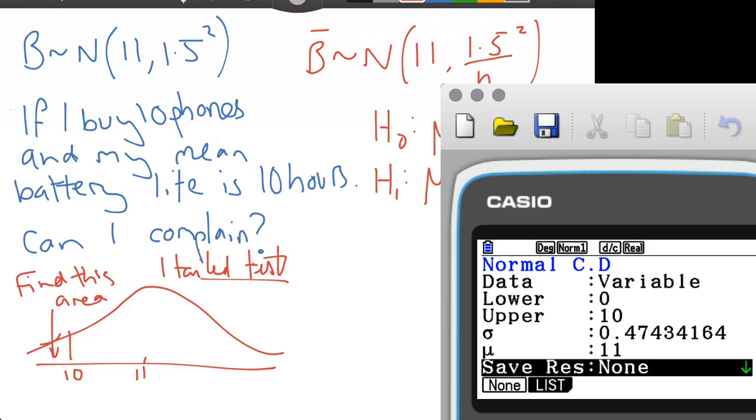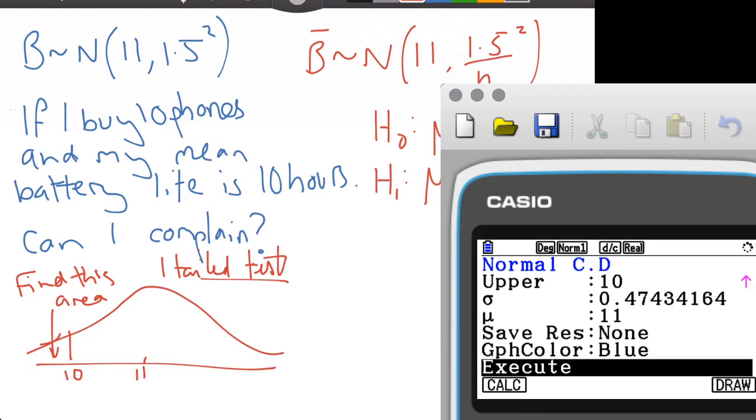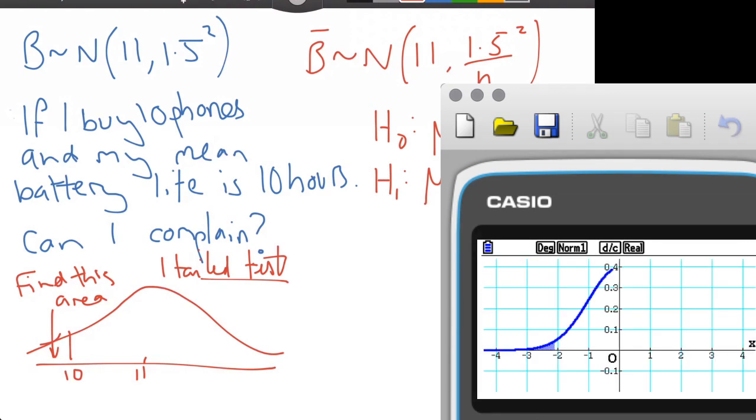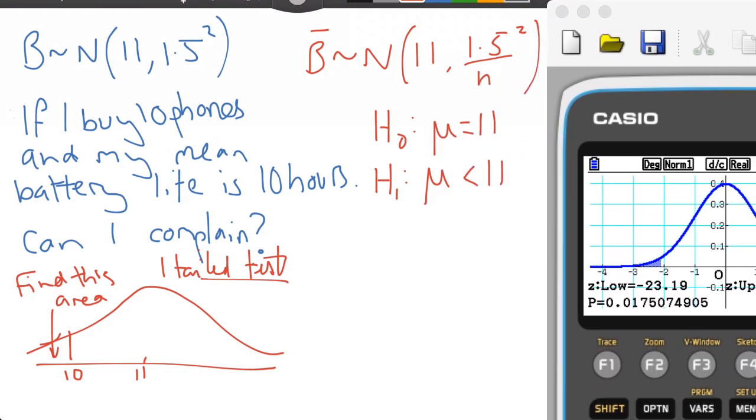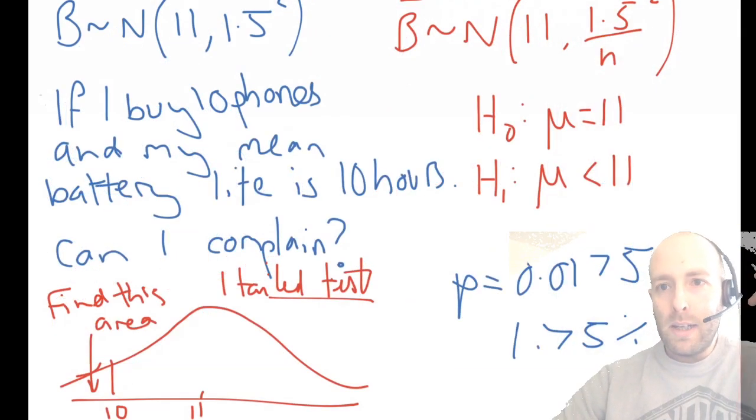So if I plot this, we see based on the sample means, the probability of me finding a mean battery life of 10 is 0.017. So in other words, 1.75%, which is quite unlikely.